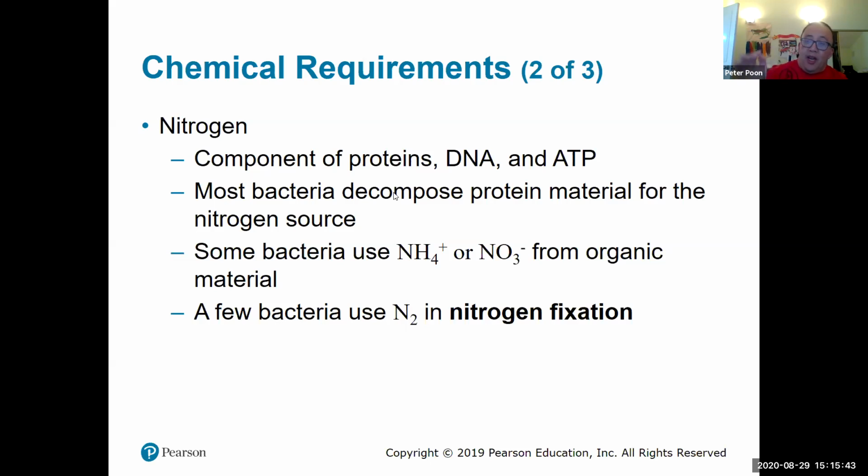Before modern technology, only bacteria were capable of nitrogen fixation, and without that, we would have no nitrogen in our soil. Back in the old days, before commercially available chemical fertilizer, people would grow soybeans every once in a while.